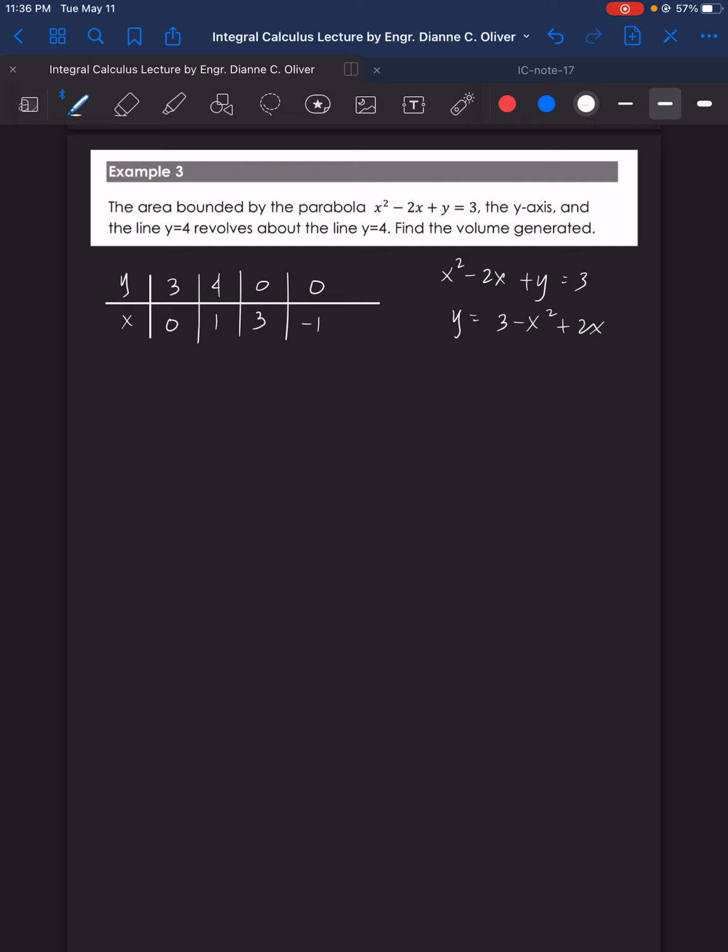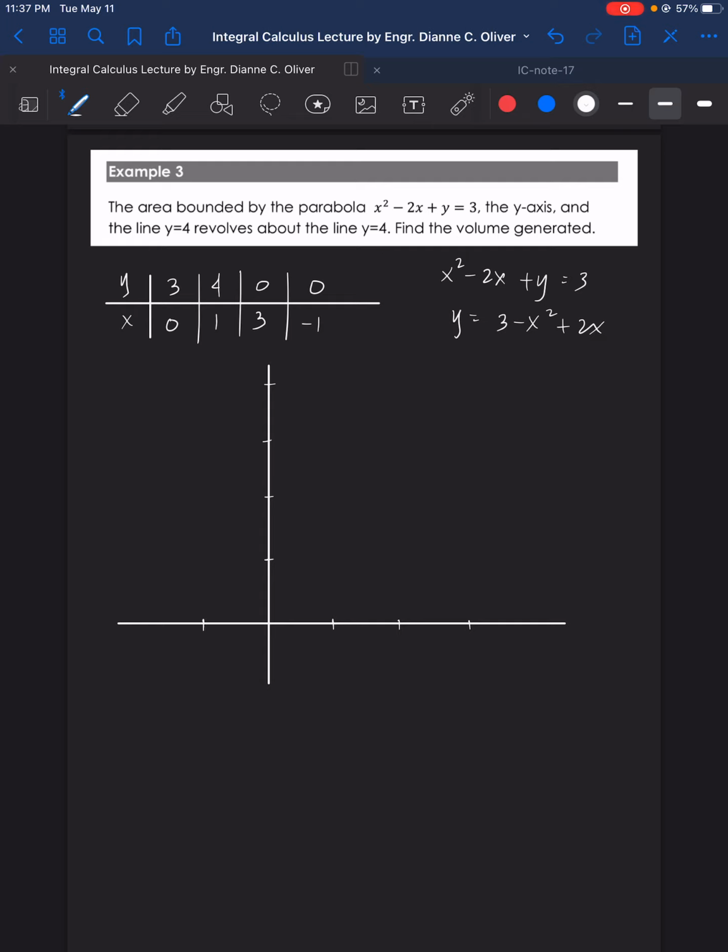Therefore, we can now sketch the curve. So, all positive here. And then, we have here the y. If we take this as 1, 2, 3, 4, and this is negative 1.